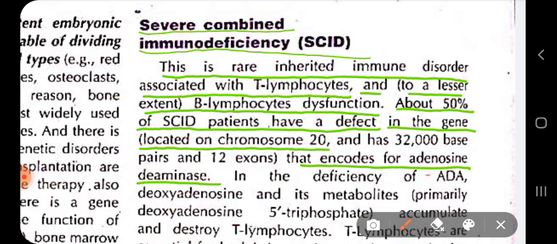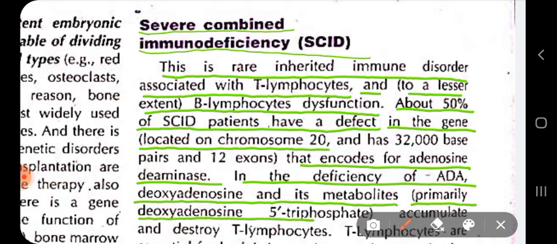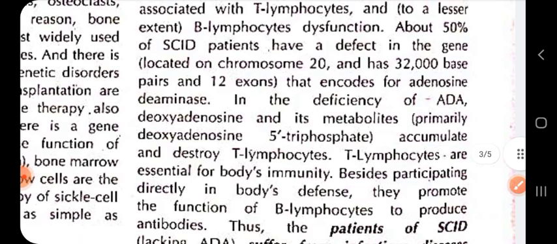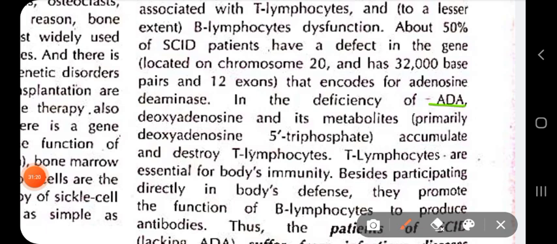Okay, now in the deficiency of ADA, deoxyadenosine and its metabolites, primarily deoxyadenosine 5' triphosphate, accumulate and destroy the T lymphocytes. Let us try to figure out what they are trying to say. I have simply said that adenosine deaminase is an enzyme, right?